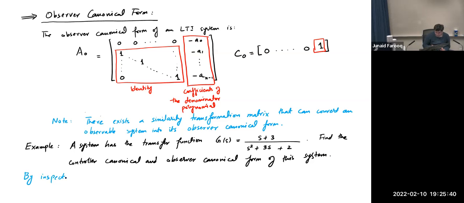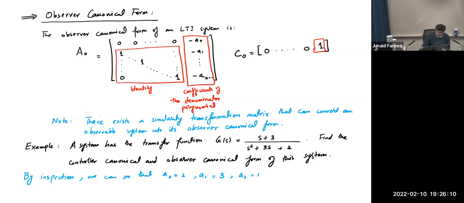So I can write to you, because some people might have forgotten the convention we use to write the denominator and numerator polynomial. You can see that our A0 is 2 and A1 is 3 and A2 is 1.